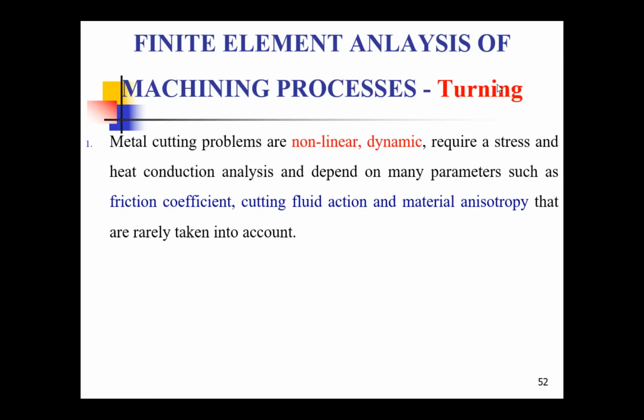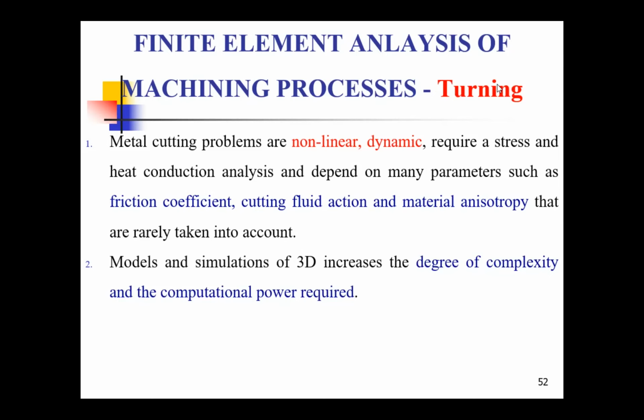Previously I told you cryogenic is different, flood cooling is different, dry cooling is different, and MQL is different. So what is the action of the cutting fluid that we will be using, and the property of the material? This makes it a complex problem.